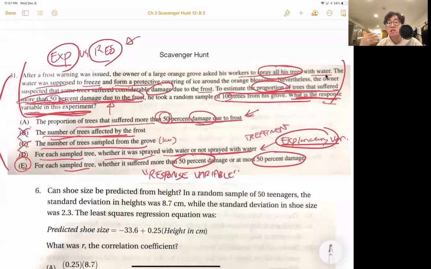But the response variable in this context is whether or not these trees have shown significant damage or less significant damage. That's the response to the frost. So E is the correct answer because it shows a response. It shows response to the treatments, to the explanatory variable that was imposed upon them, the water that was applied to them, and the amount of frost that was created from that. Okay.